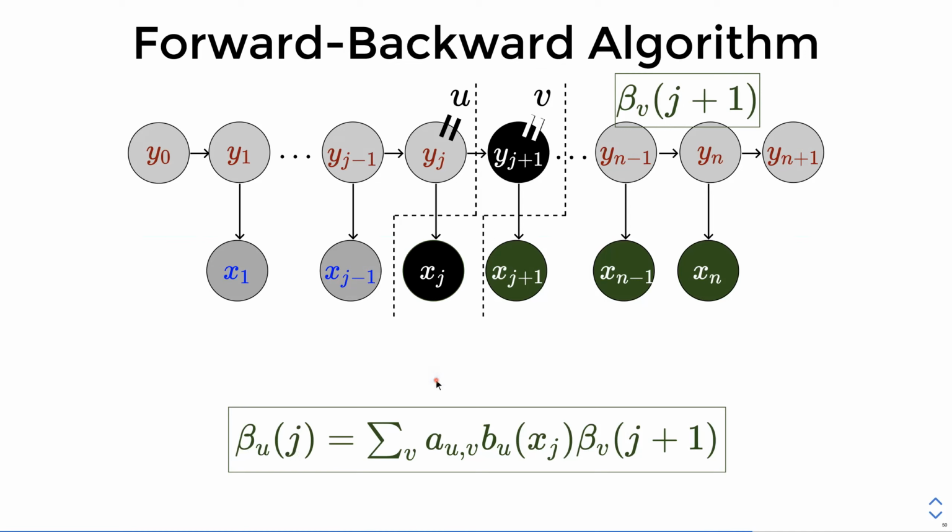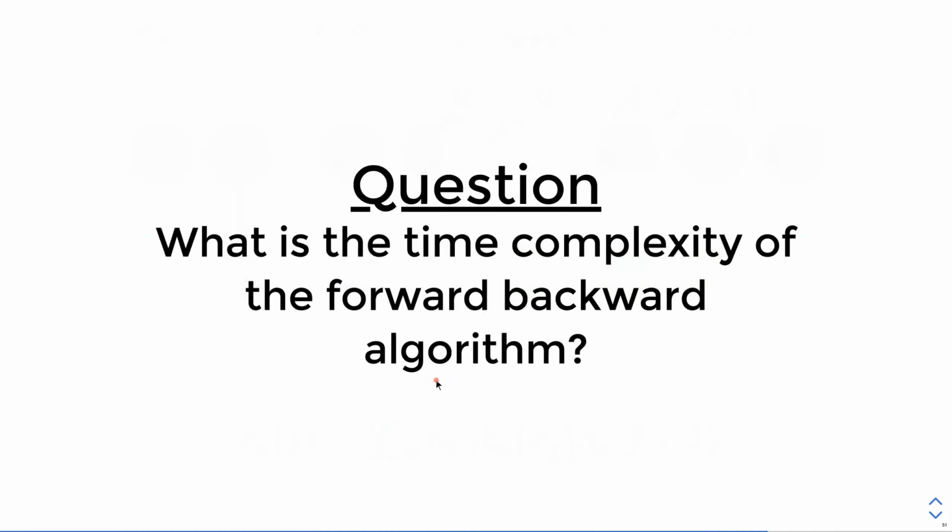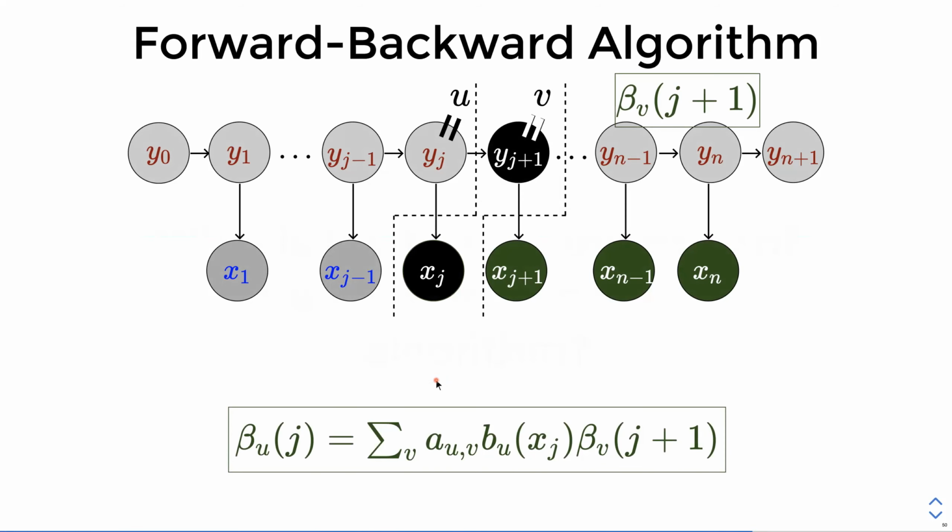From here we can draw the recurrence relation between different beta terms. This is an alternative way for you to understand such recurrence relations. With this we are essentially done with the forward-backward algorithm.